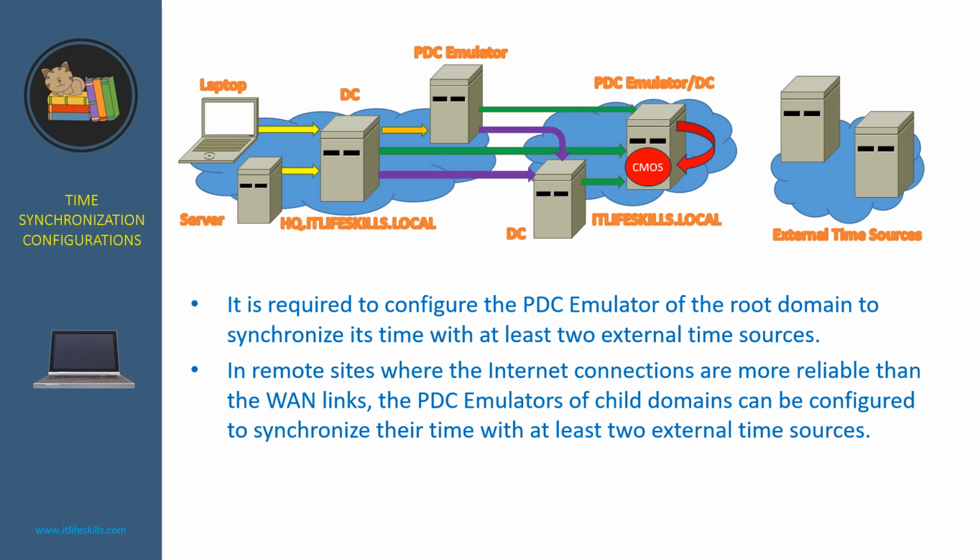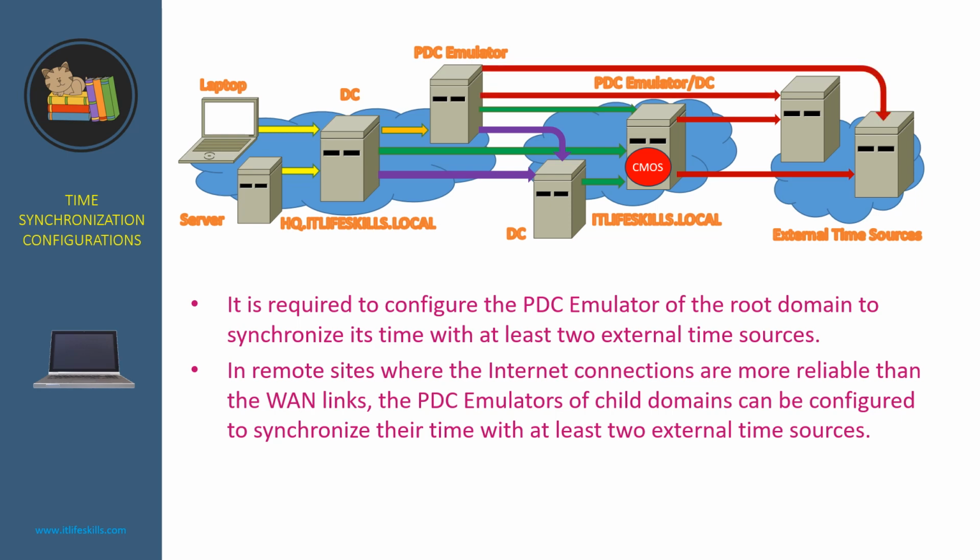To have a reliable time system for our AD forest, it is required to configure the PDC emulator of the root domain to synchronize its time with at least 2 external time sources. In remote sites where the internet connections are more reliable than the WAN links, the PDC emulators of the child domains can be configured to synchronize their time with at least 2 external time sources.